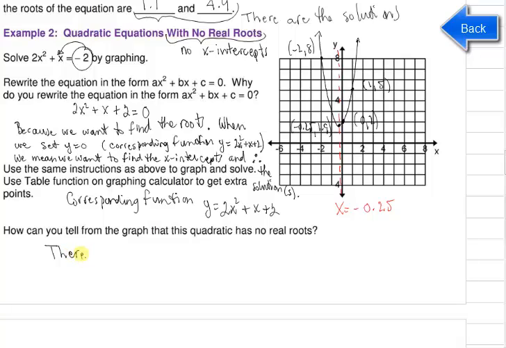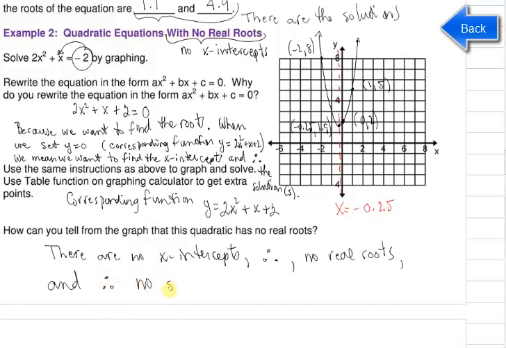So there are no x-intercepts. Therefore, no real roots, and therefore no solution. Another way to write that is just a 0 with a line through it. No solution. Okay, so that's example 2.